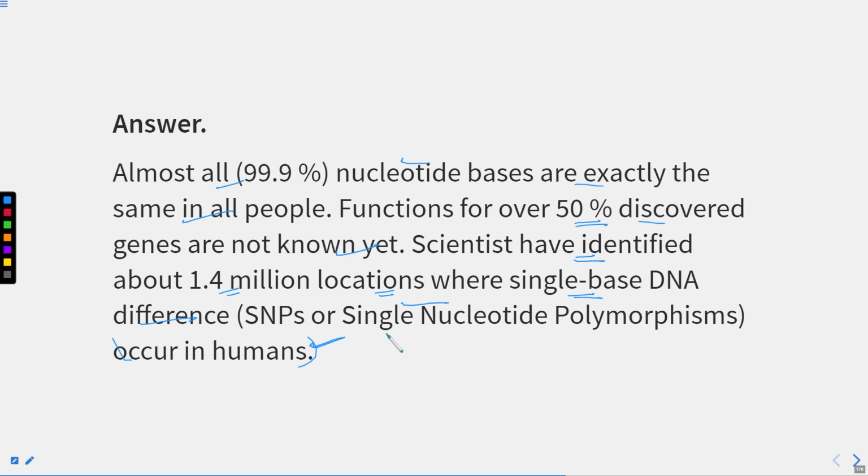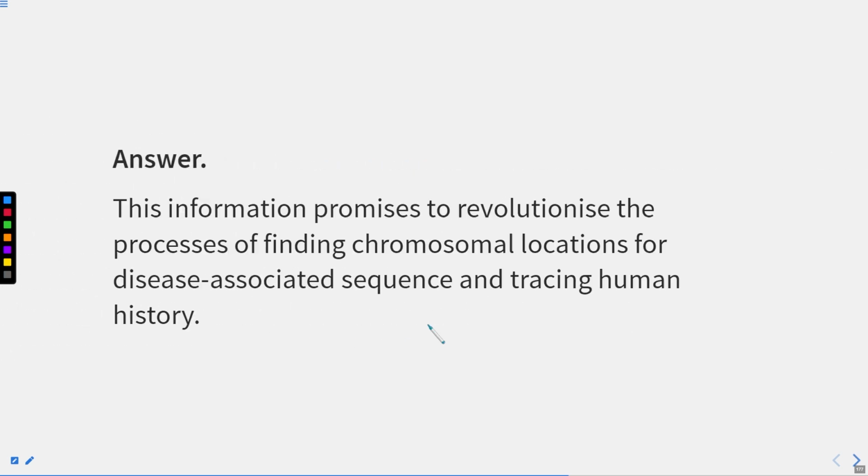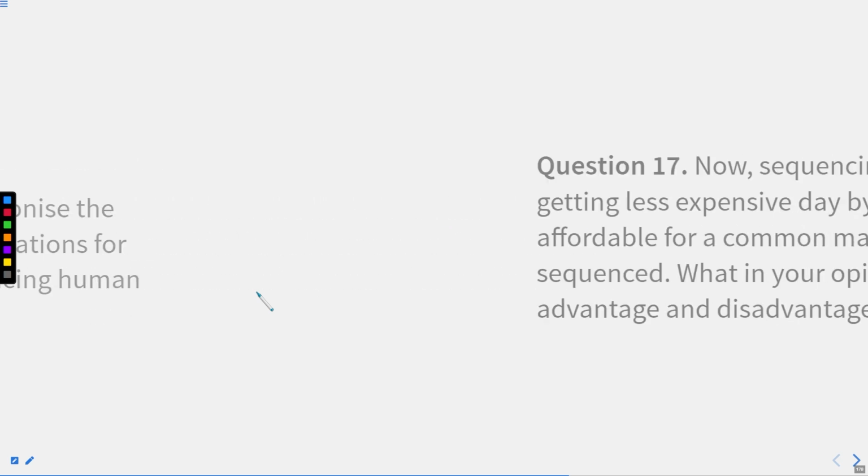It can help treat diseases. It can help to know the inheritance pattern of genetic related diseases, and many more things. Now, this information promises to revolutionize the process of finding chromosomal locations for disease-associated sequences and tracing human history.